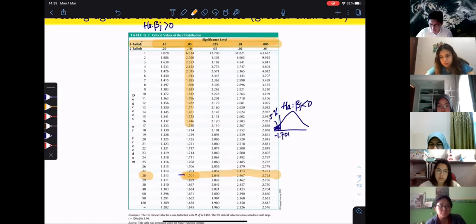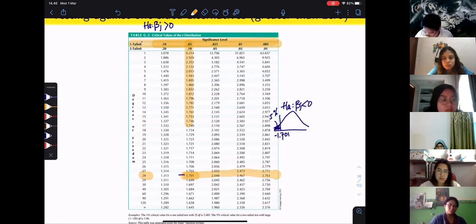So as you have a lower significance level, you want more evidence to reject the null hypothesis. This reduces the probability that you reject a true null hypothesis. So you really have to be sure to reject the null hypothesis. That's why you have a larger critical value as the significance level decreases.